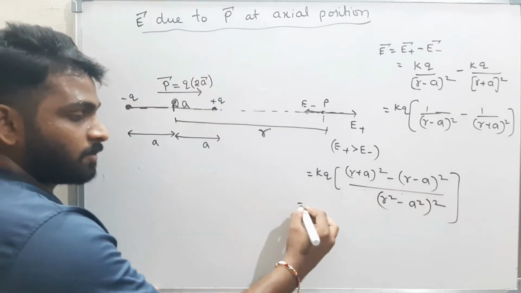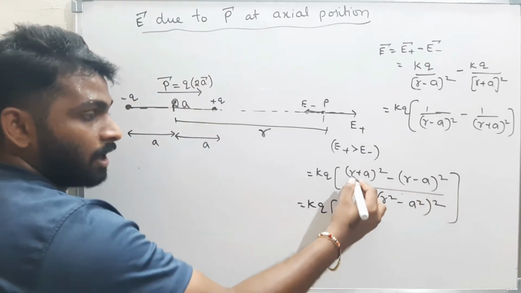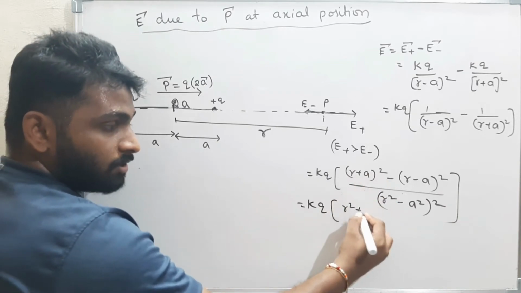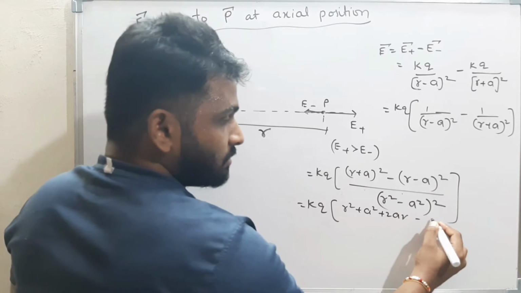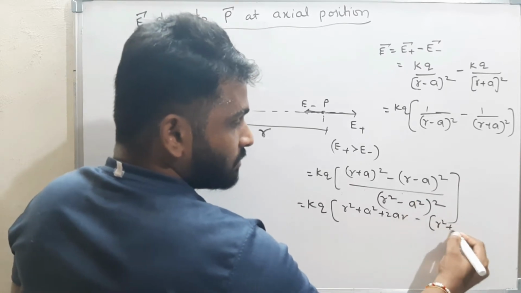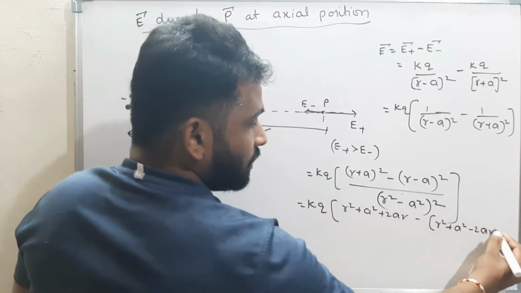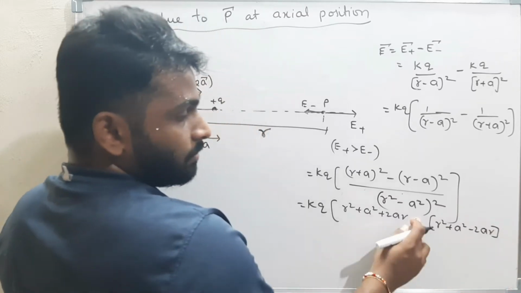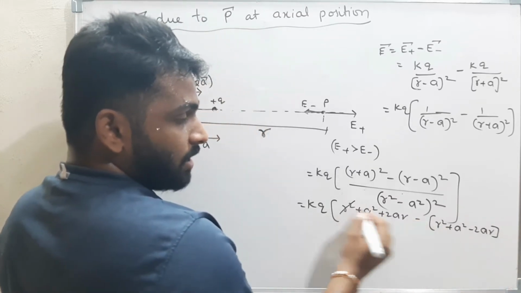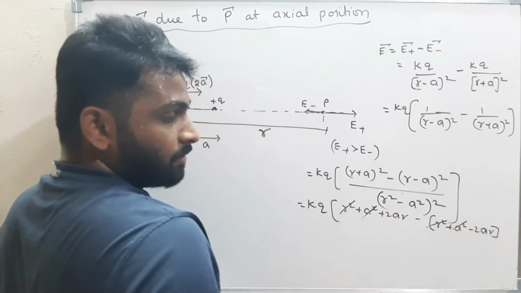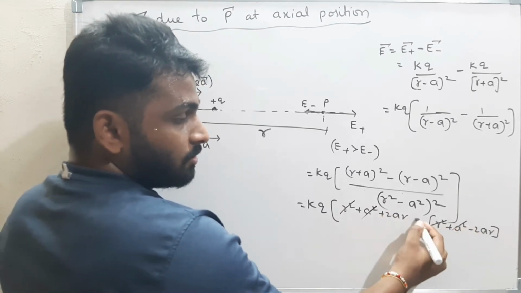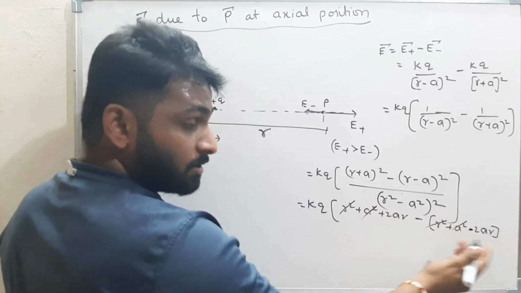Now expand them. If you expand KQ, R plus A whole square, it is R square plus A square plus 2AR, minus R square plus A square minus 2AR. Therefore R square and R square cancel off, A square and A square cancel off, and plus 2AR minus into minus becomes plus.